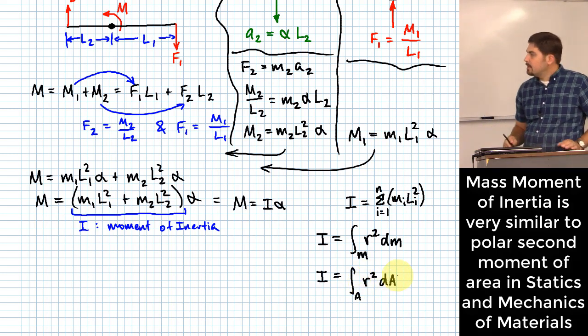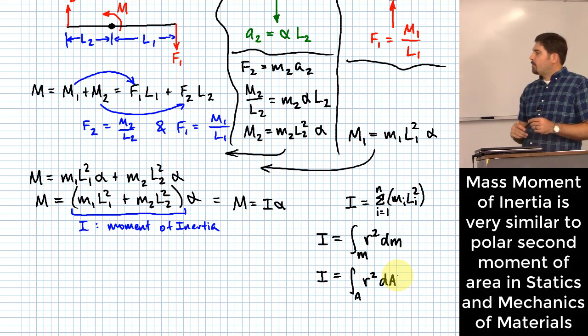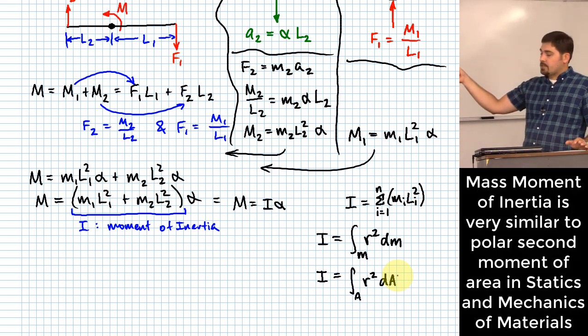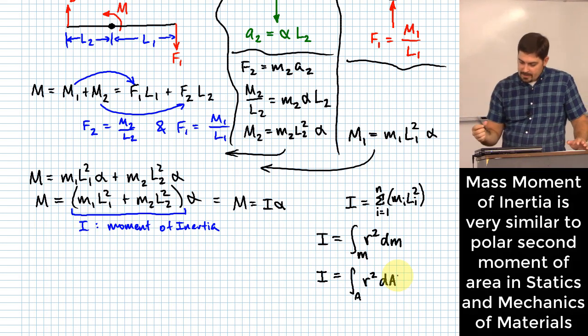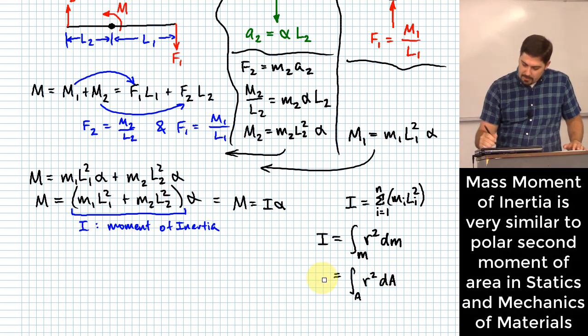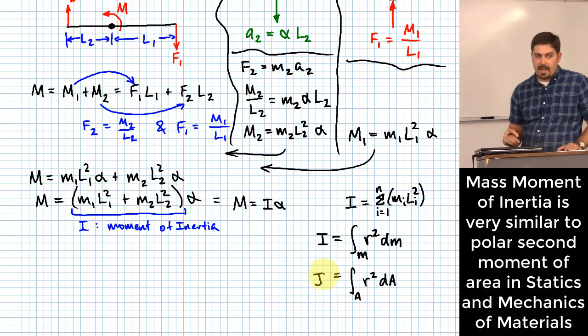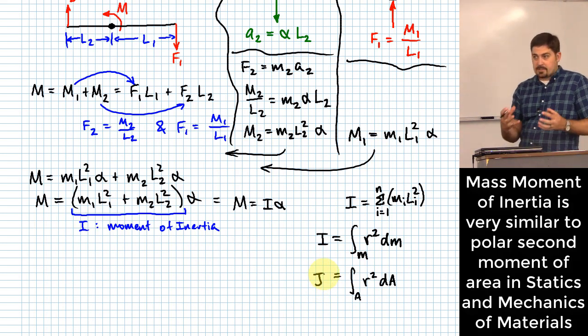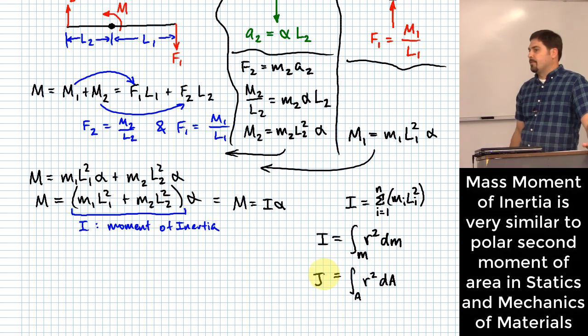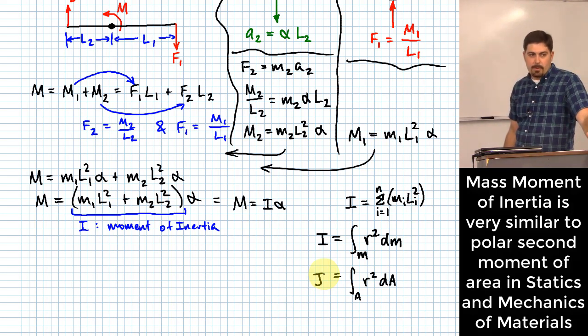And in this case we're actually using a polar system of coordinates, I maybe misspoke a second ago. I believe in your statics, mechanics, materials course, you used a letter J to talk about that, because a polar second moment of area is more akin to this mass moment of inertia that we're dealing with.